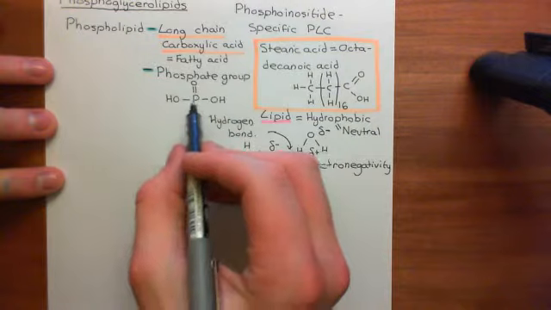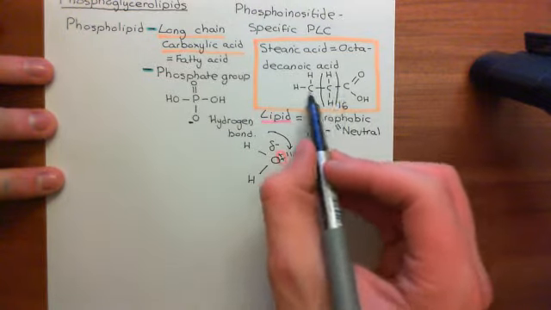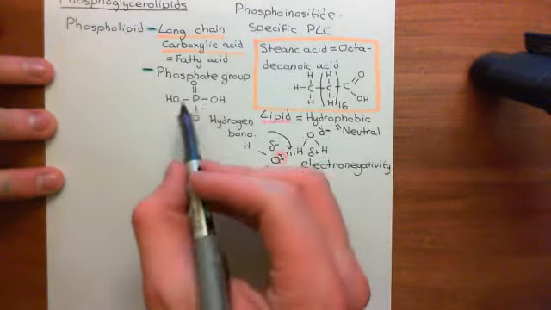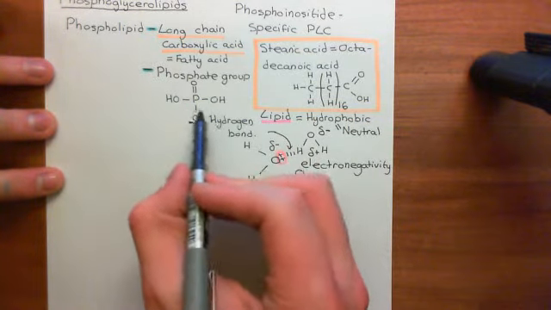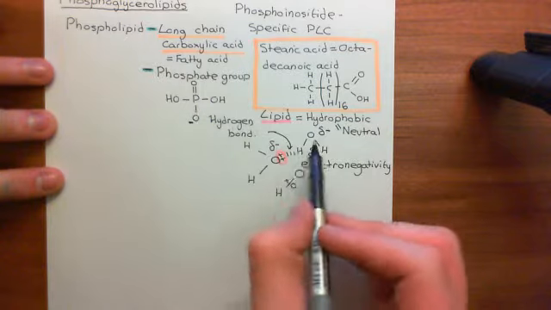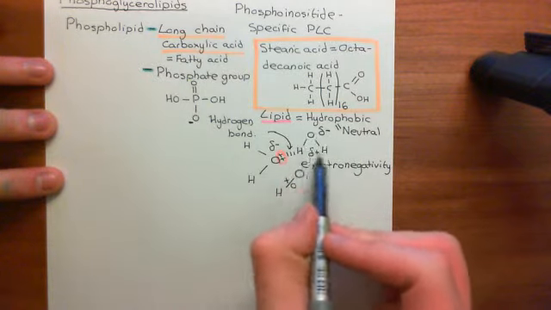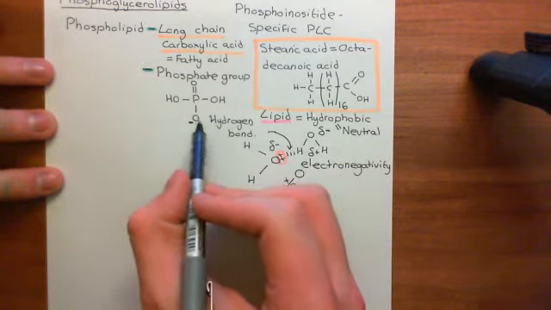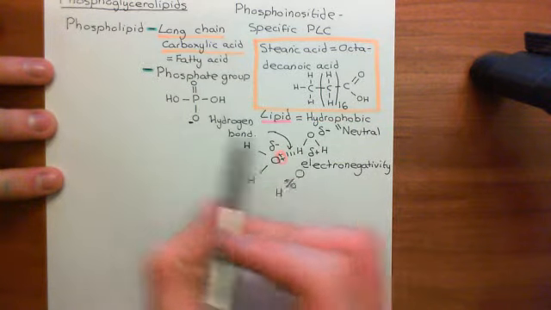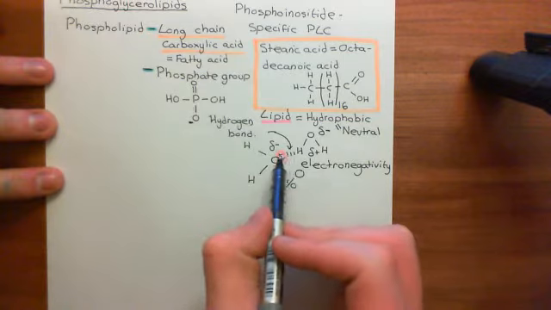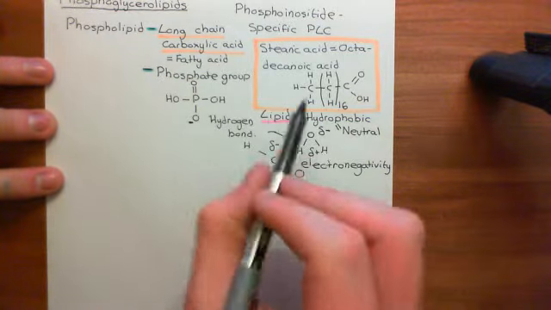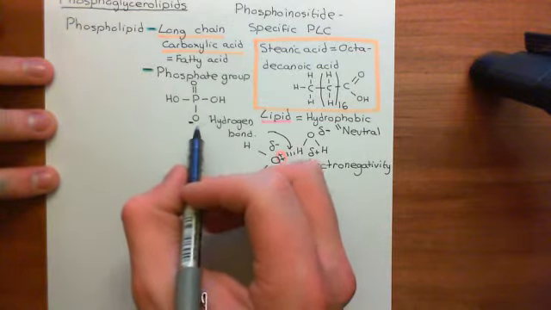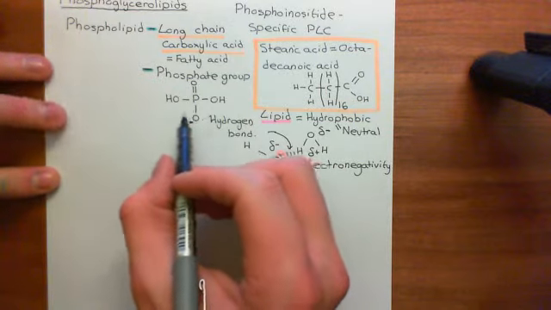Now, this phosphate group is the complete opposite of the long-chain carboxylic acid portion, because this is extremely polar. In fact, this is better than polar. These water molecules just have partial charges. This has a full ionic charge, so this is better than this. Okay, so this will interact with water molecules stronger than water could interact with other water molecules. So water molecules love to interact with phosphate groups, and that's the key thing that phospholipids have.